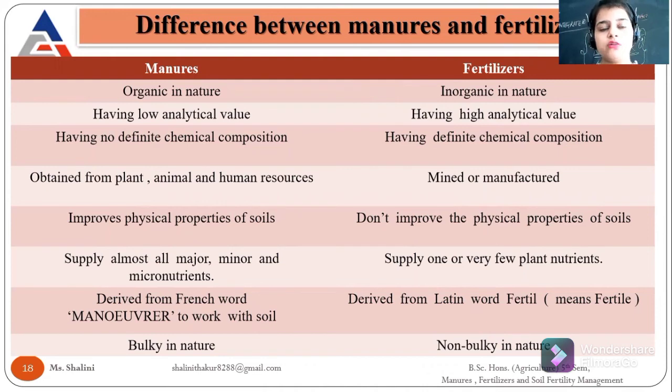But through manure we are giving all the nutrients to the crop plants. Then manure is derived from a French word, and fertilizer from a Latin word, and manures are bulky in nature and fertilizers are non-bulky in nature.